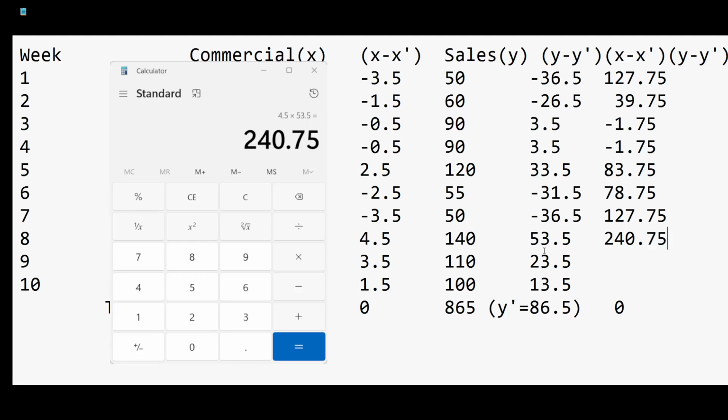Then you have 3.5 times 23.5, 82.25. And lastly, we have 1.5 times 13.5, 20.25.